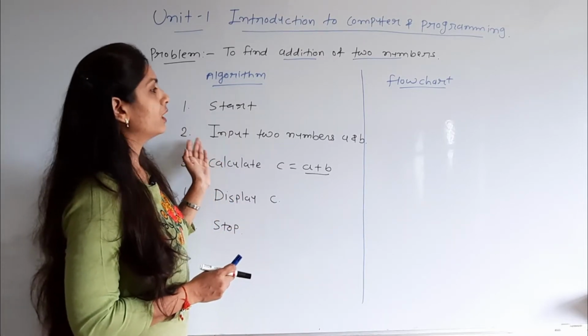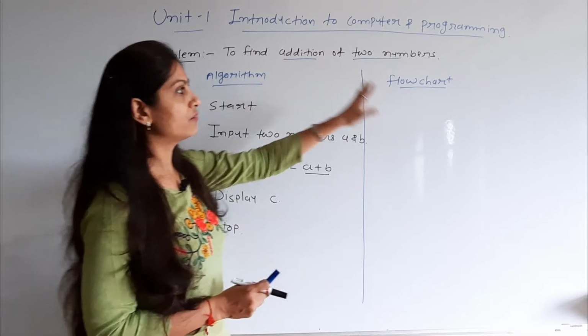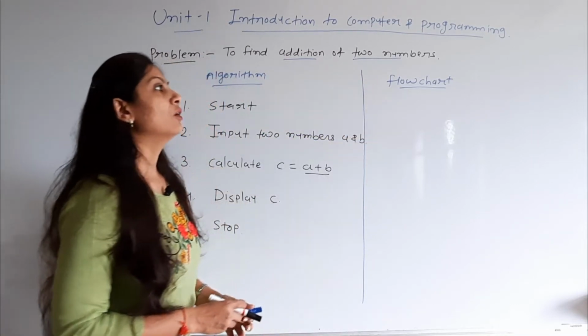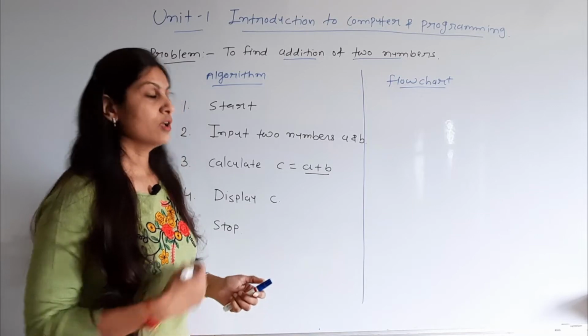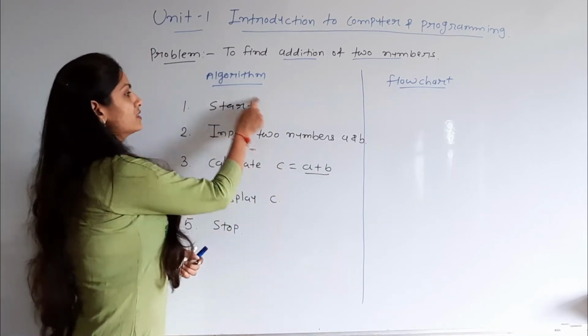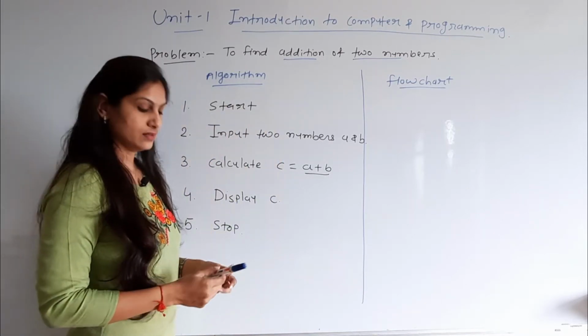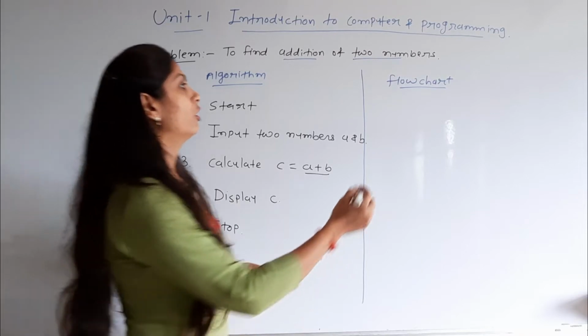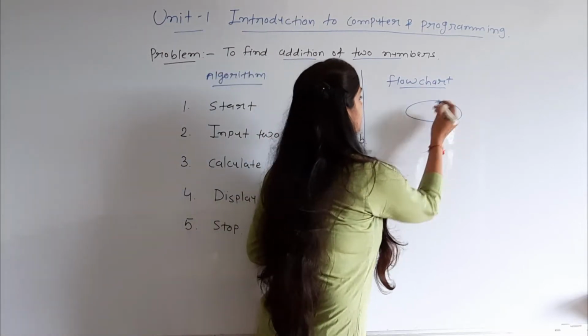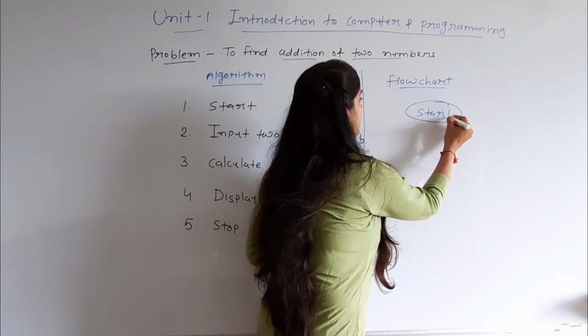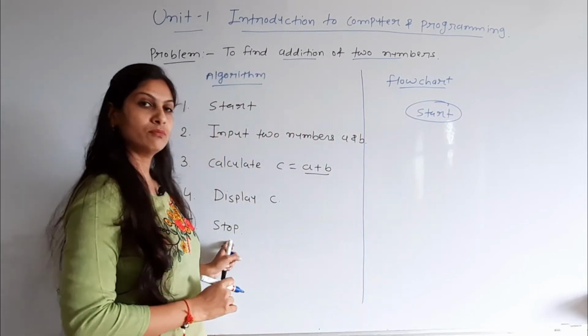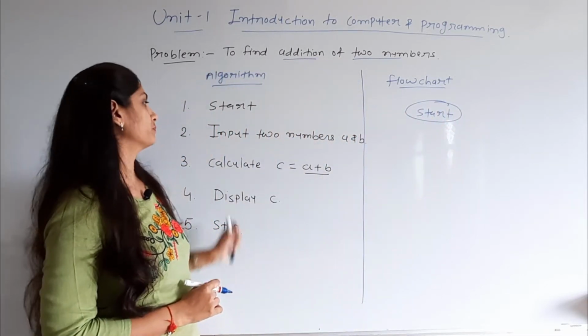Now the same algorithm is applied for a flowchart. Flowchart has some symbols. For start, in which symbol do we have to write? Obviously in an oval shape we have to write start, and the same symbol is used for stop.